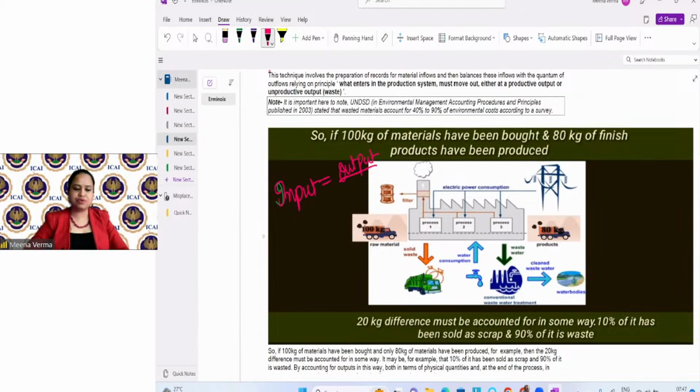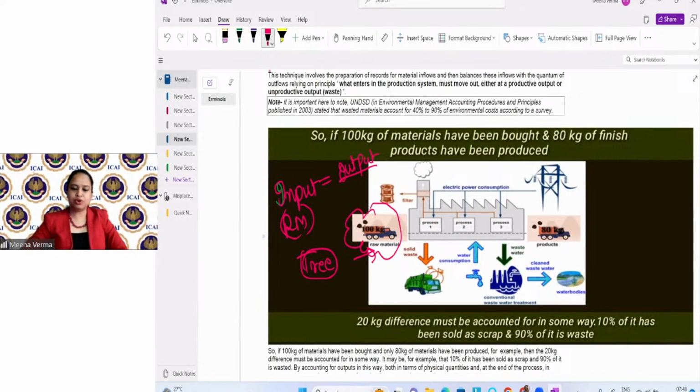So input means we use the raw material, we use the resources, we use the electricity, we use the labor. These are all inputs for the company, right? So we use the raw material here. This is input. For example, if you want to produce paper, you need trees. This is input for the company.